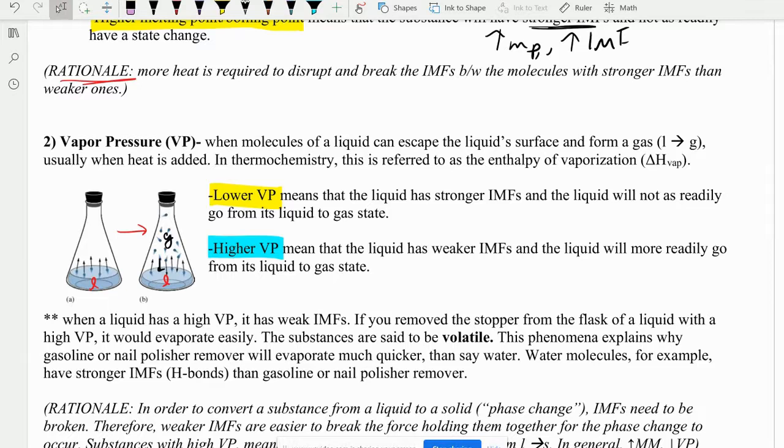So again, lower vapor pressures mean that the liquid molecules won't readily go into their gaseous state. And therefore, the opposite is true. Substances that have high vapor pressure have weak IMFs, and therefore those liquid molecules can more readily go into their gaseous state right at the liquid interface.